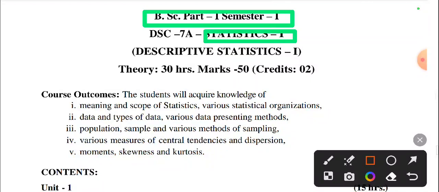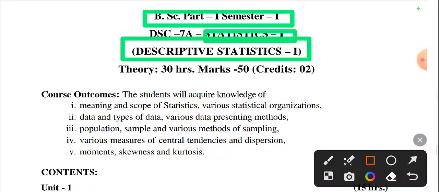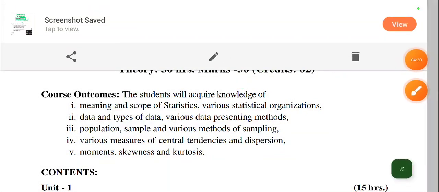The name of the course is descriptive statistics 1 and the credit for this course is 2 and the total marks are 50, which, as I told you, is divided into 40 plus 10: 40 marks for your theory examination and 10 marks for your assignment.